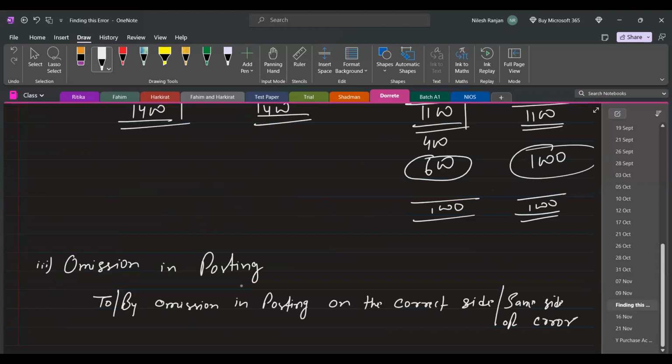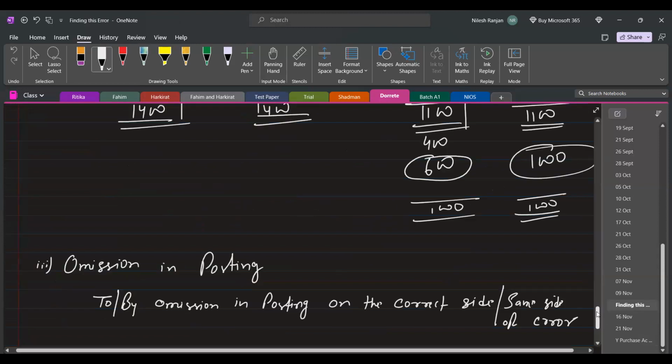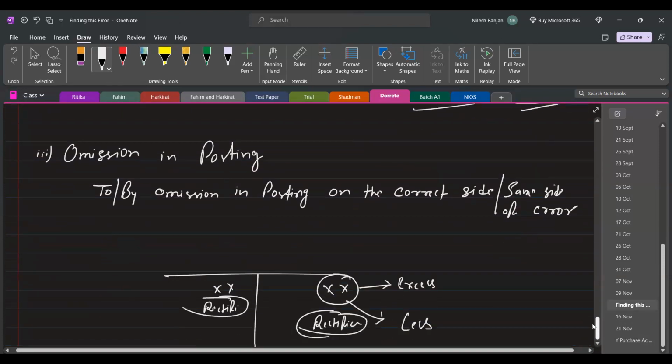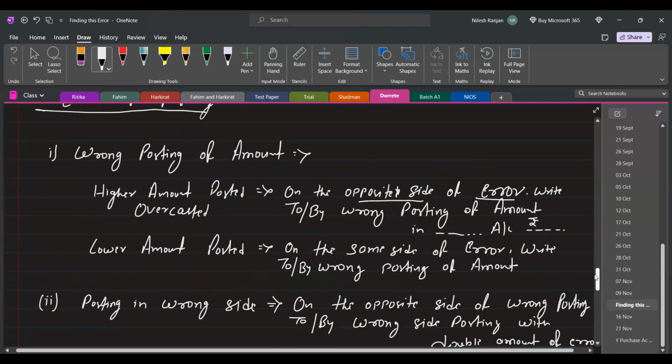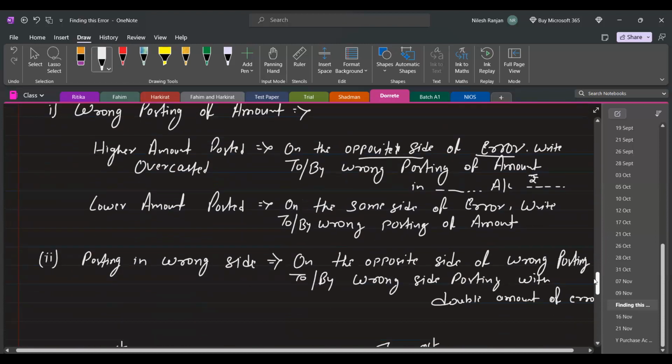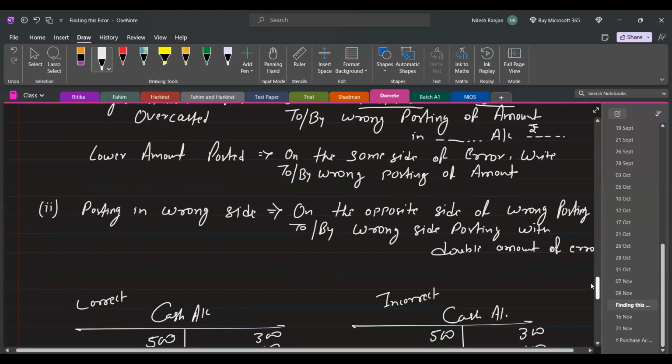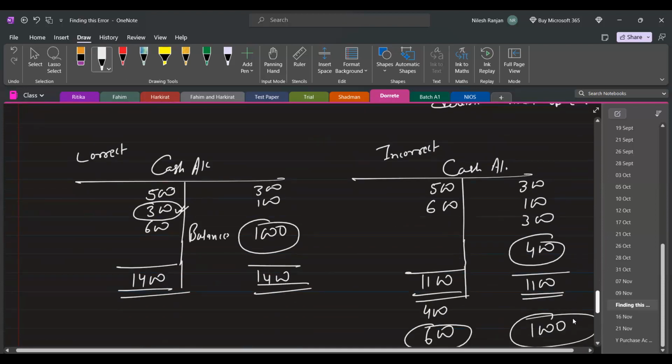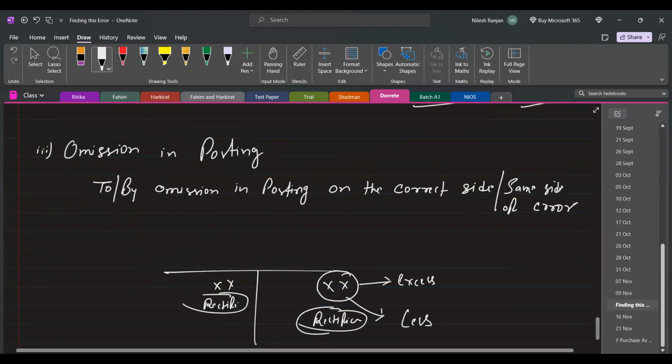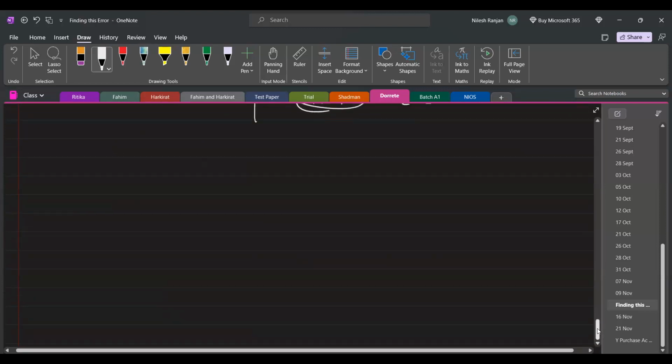Yes, sir. You can see omission in posting, wrong posting of amount, wrong side posting, and wrong account posting also.